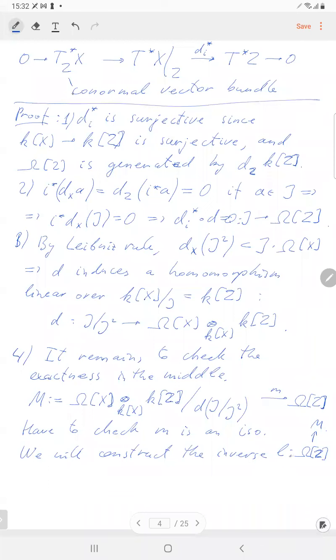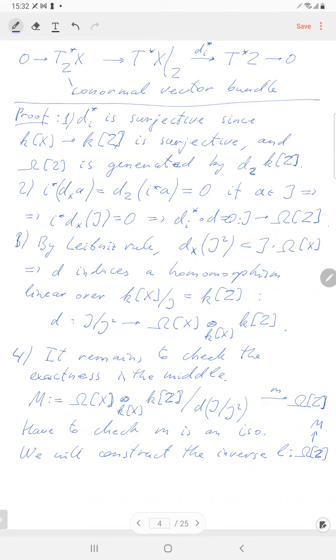Just by the universality, right? You remember we started today by proving the universality property of Kähler differentials. So in order to construct a morphism from Kähler differentials to somewhere, we have to construct an analog of the Kähler differential.